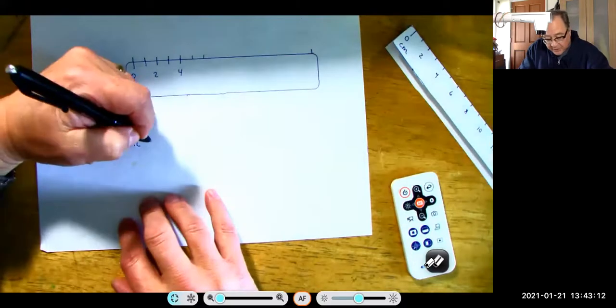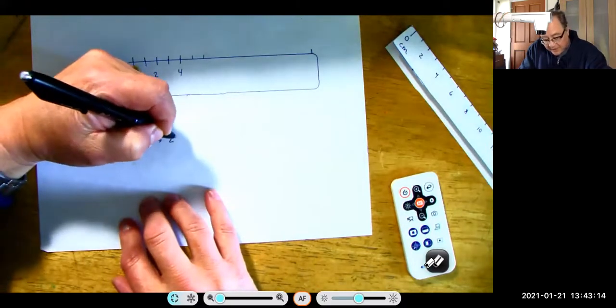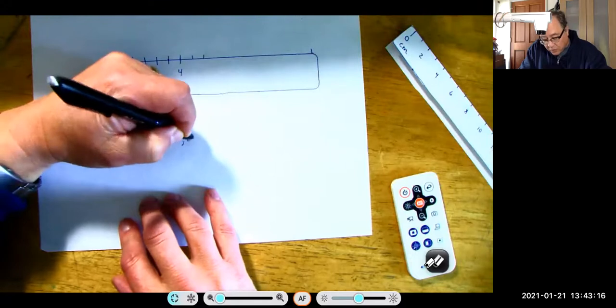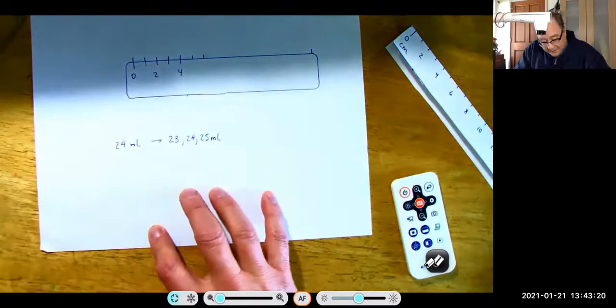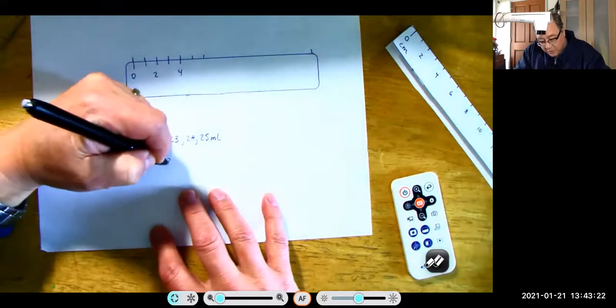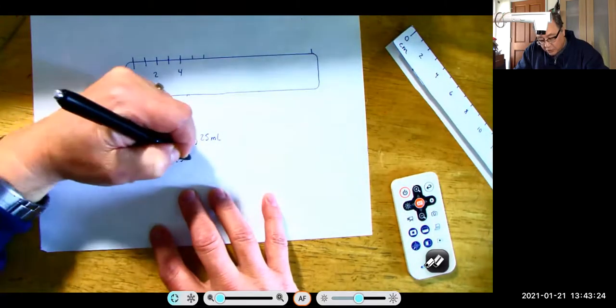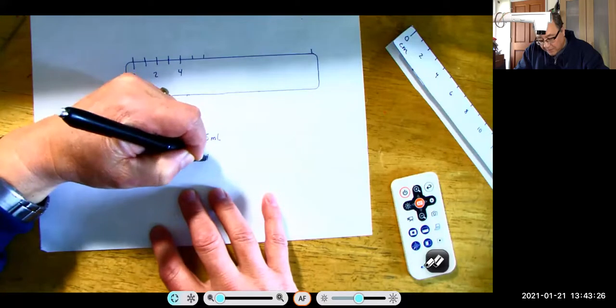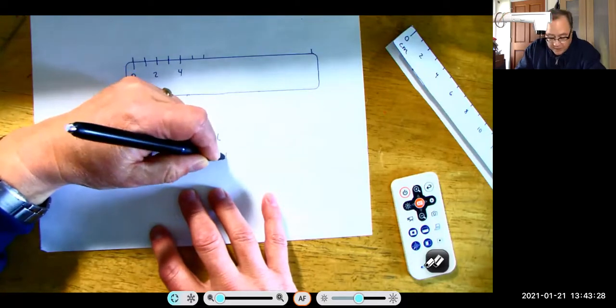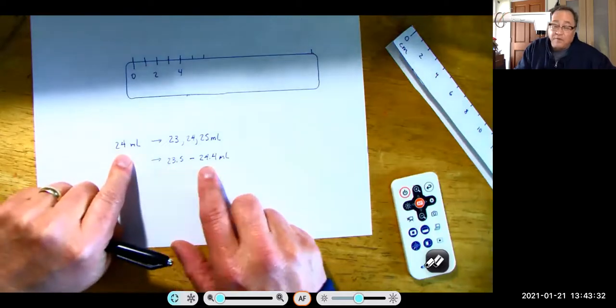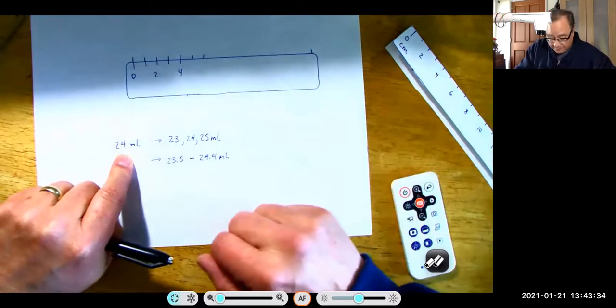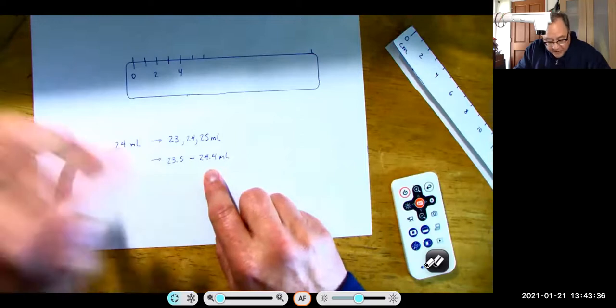So this could really be 23, 24, or 25 milliliters. Or at best, it means it's 23.5 to 24.4 milliliters, because 23.5 would round up to 24 and 24.4 would round down to 24. So that's what this value means.